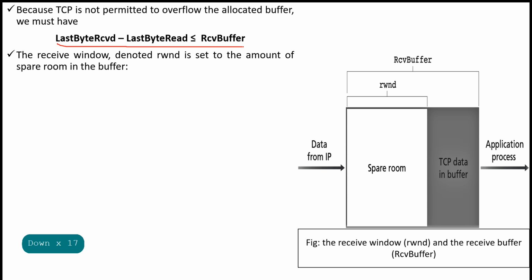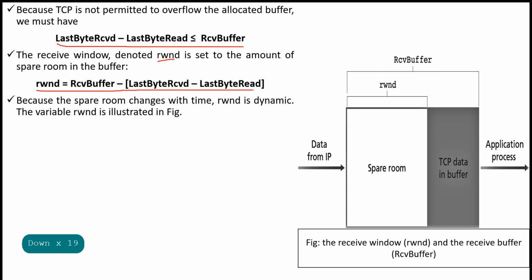The receive window, denoted RWND, is set to the amount of spare room in the buffer. That is, RWND equals receive buffer minus (last byte received minus last byte read).